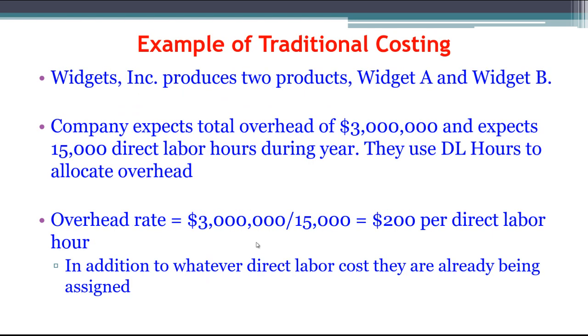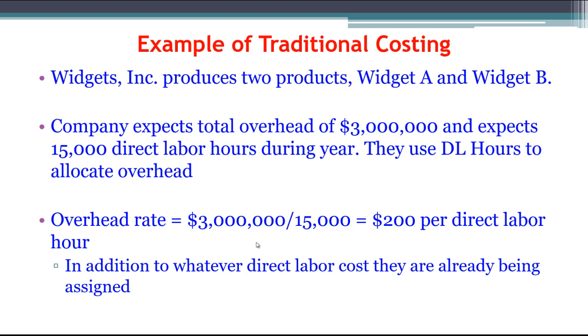We have Widgets Incorporated, just a general company, that produces two products, Widget A and Widget B. The company expects total overhead of $3 million, and a lot of different things were built into that $3 million. And they expect 15,000 direct labor hours during that year. This company decides to use direct labor hours to allocate the overhead, in addition to obviously giving them the labor cost itself.